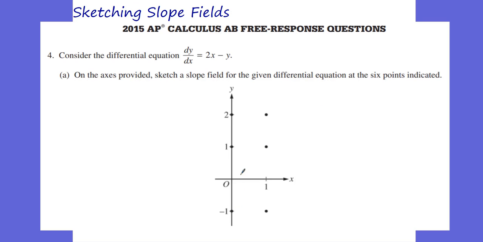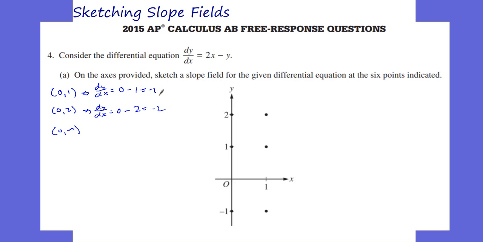So let's take a look at my vertical ones here. Let's take a look at 0, 1. We have 0, 2. We got 0, -1. Okay, and so my dy over dx is equal to 0 for my x minus 1. That's -1. My dy over dx is equal to 0 for my x minus 2.